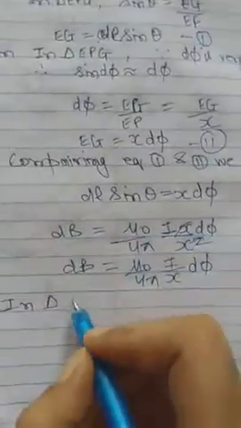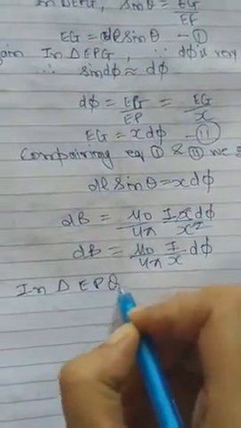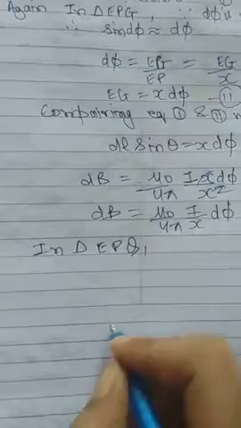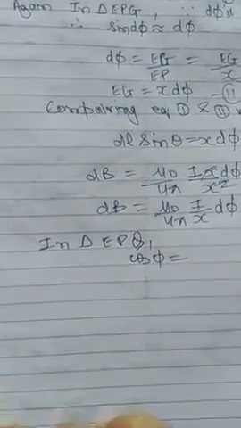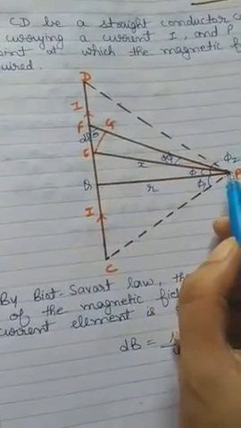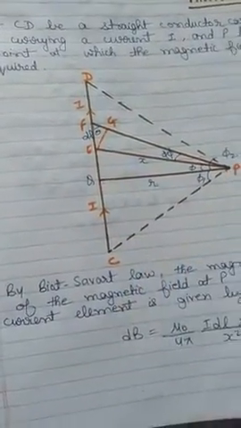So in triangle EPQ, what do we have? Cos phi will be equal to PQ by EP.